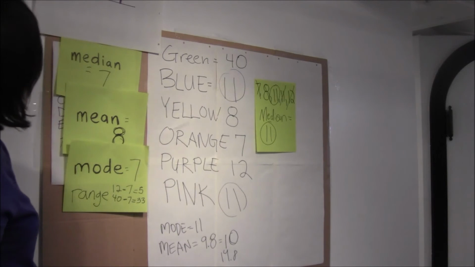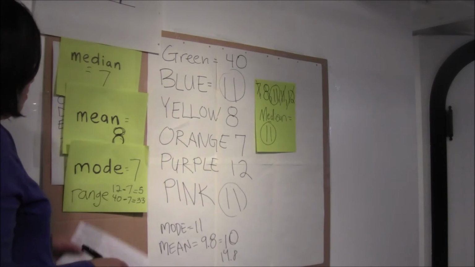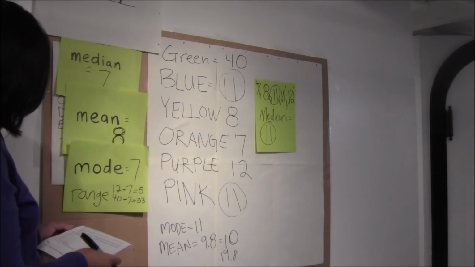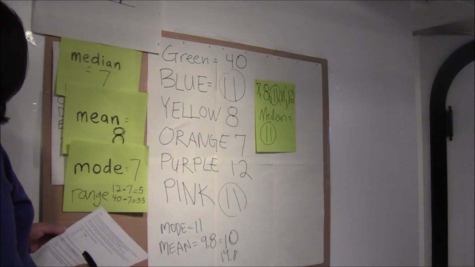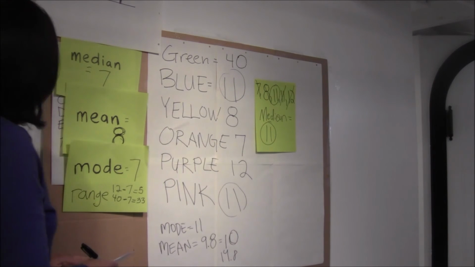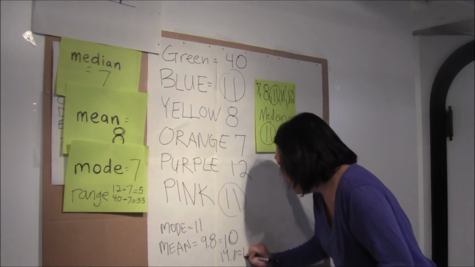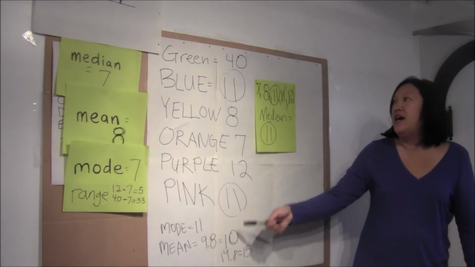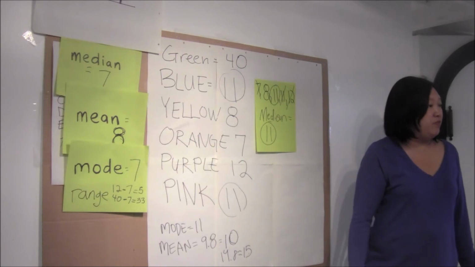Wait, Asia? I have a question for the mean. Do we have to round the mean up? Because for the 9.8, we rounded up to 10. Should we round 14.8 to 15? Yes. Okay. Let's do that. So let's round this one up also to 15. So our mean was 10. We threw in these greens, and now our mean went all the way up to 15.